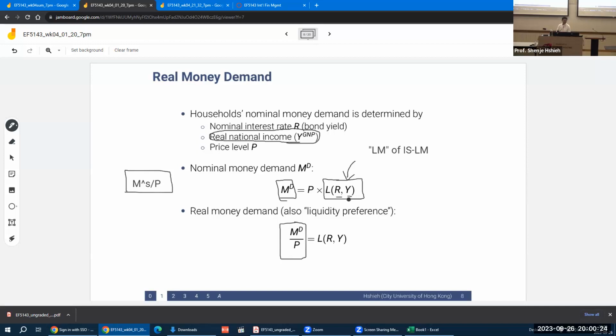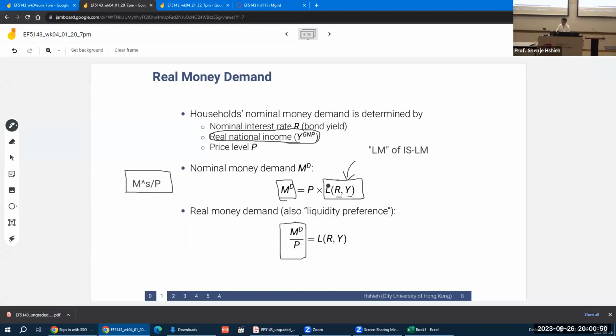So let's just talk about intuition. If Y increases, should I demand more cash or less cash? If I suddenly got a pay raise, will I demand more cash or less cash today? More cash, yes.